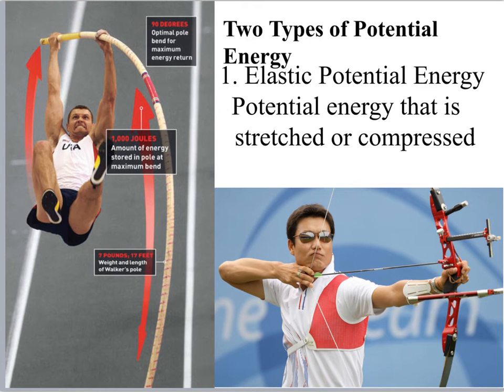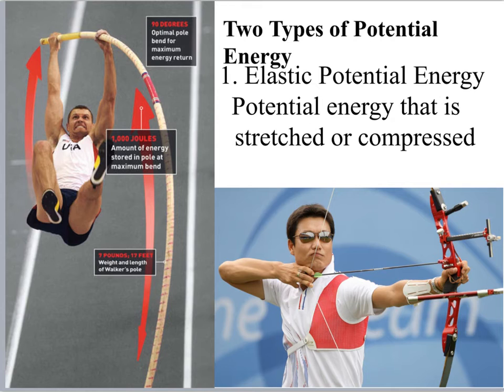So, there are two types of potential energy. First of all is what we call the elastic potential energy. This is the potential energy that is stored energy that is either stretched or compressed. So you have a pole vaulter here.